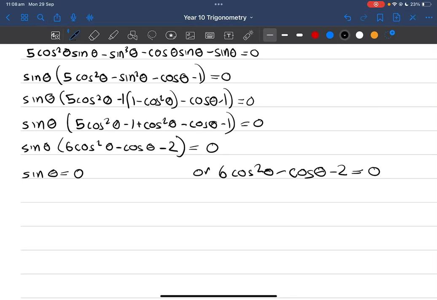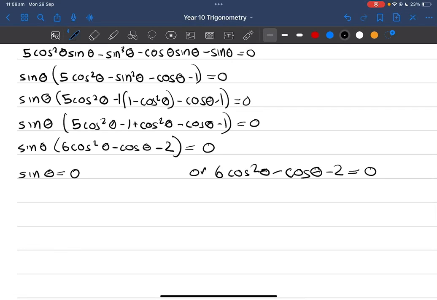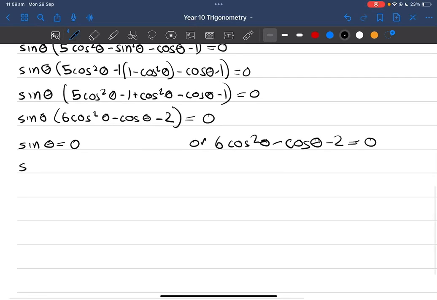And this is because of the null factor law. So let's solve for sine theta equals 0. If we do sine inverse of 0, we're left with theta equal 0 degrees. Because remember, sine theta is just the height. So sine inverse of 0 is equal to 0 degrees.